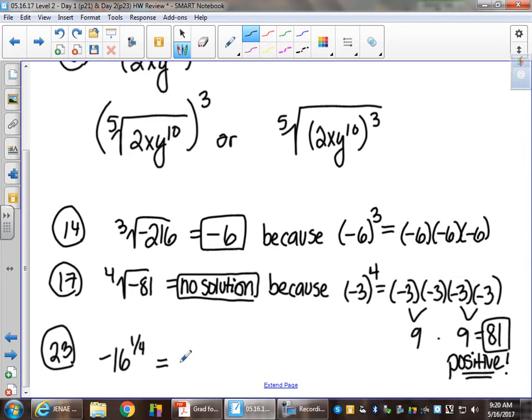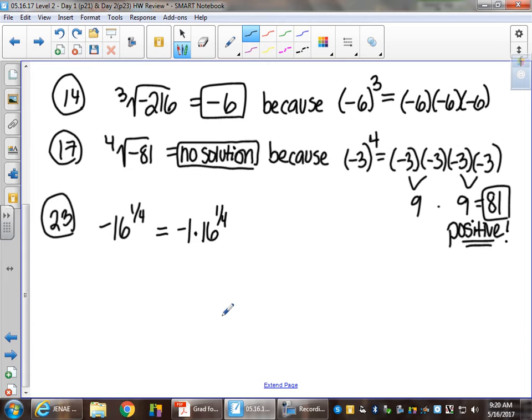So that means that really it's negative 1 times 16 to the 1/4. That negative is not grouped into the root. It's the same thing as saying negative 4th root of 16, where the negative is on the outside. What is the 4th root of 16? 2. So negative 2 is my answer.